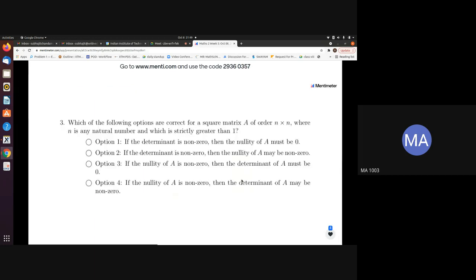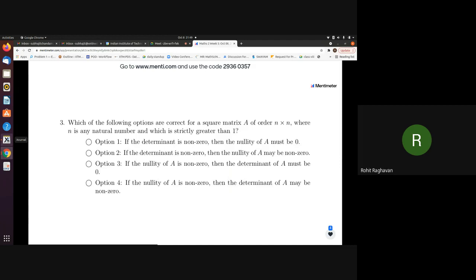Can someone tell me what is the relation between these two, nullity and determinant? Anyone? Sir, if the determinant is 0, then nullity is non-zero, and vice versa. Why?